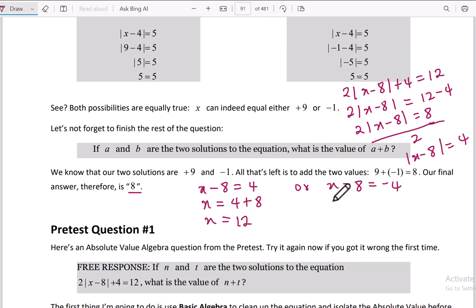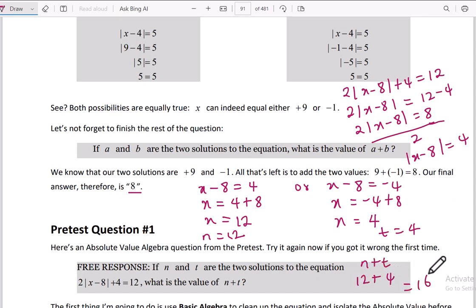And here we'll have x equal to -4 plus 8, because it's crossing over. So x is equal to -4 plus 8, which is 4. Now they said if n and t are the two possible solutions, here you can say that n is equal to 12 and t is equal to 4. What is the value of n plus t? 12 plus 4 should be 16, right? So n plus t is equal to 12 plus 4, based on what we solved, which is 16.